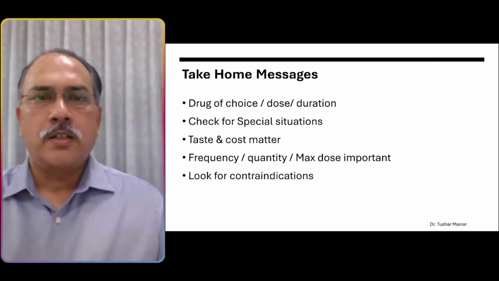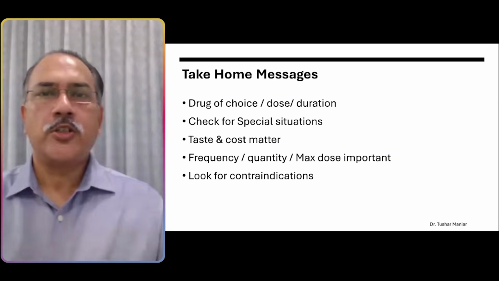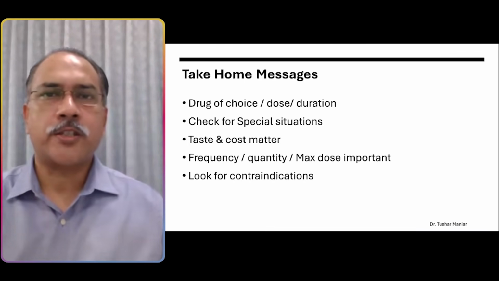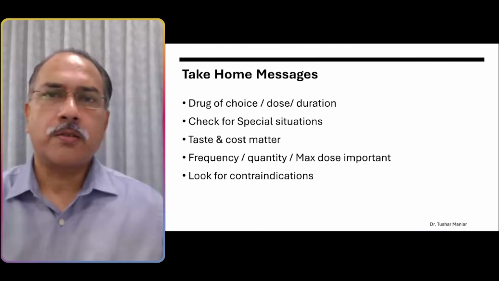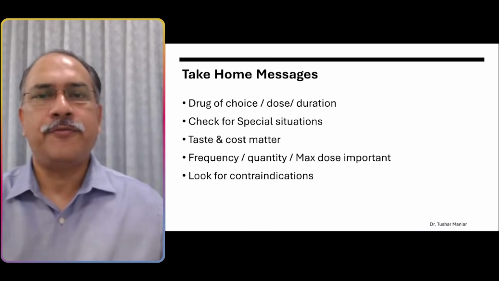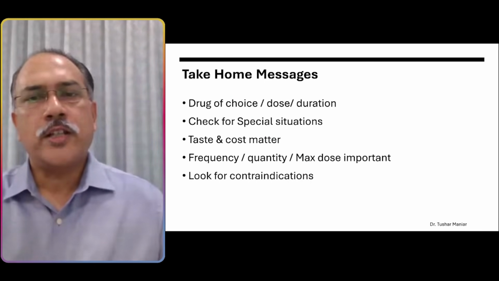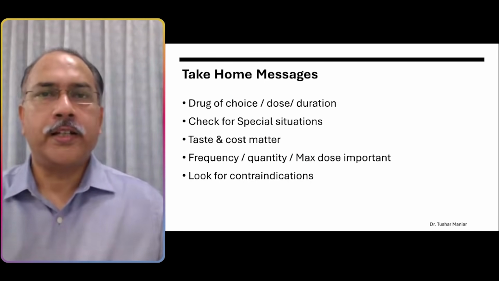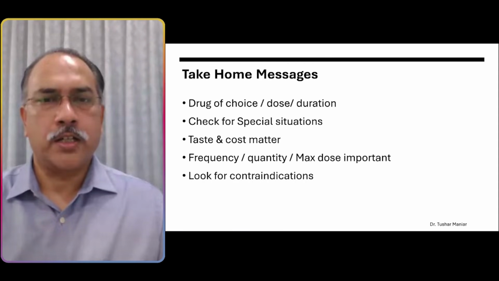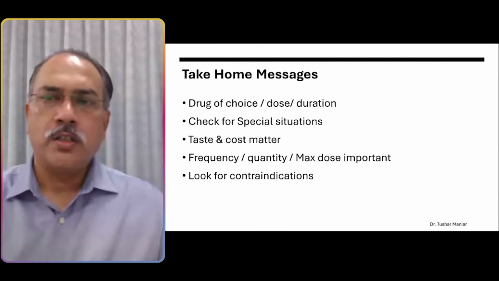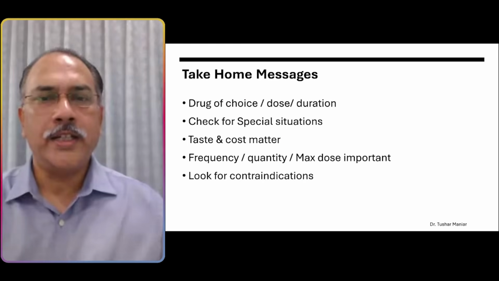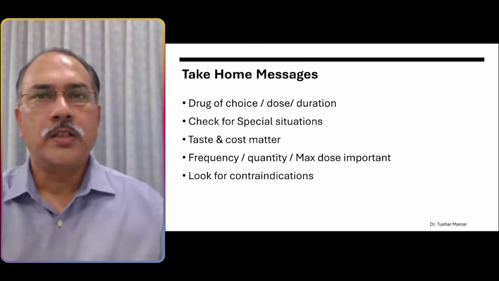Finally, to stop here, how do we choose? We choose the drug which is the narrowest spectrum, which is going to have very high efficacy, very high safety. The dose and the duration are appropriately selected depending on the condition that we are using it for. Make sure that you are looking at any special situations.